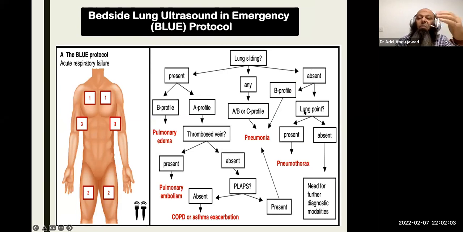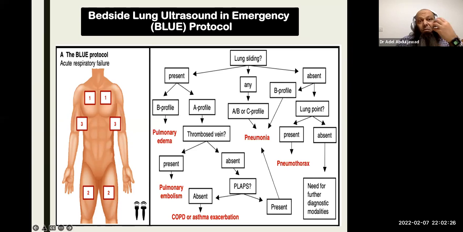If absent, you go for the lung point, presence or absence. So you can identify from the BLUE protocol the presence of pneumothorax, pulmonary edema, pulmonary embolism, pneumonia, or COPD or asthma exacerbation. So you have the 5 common diseases here that the BLUE protocol can help you assess.